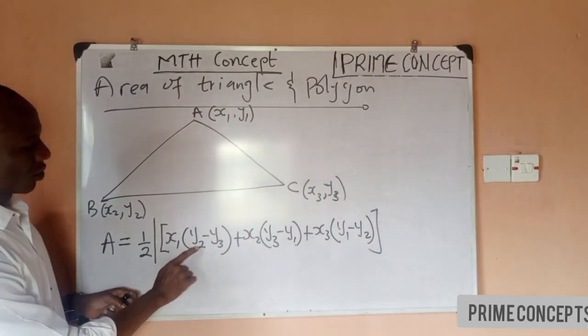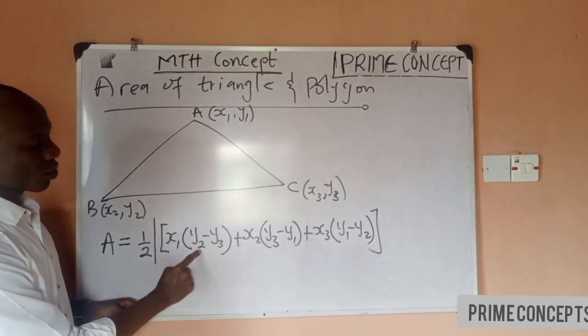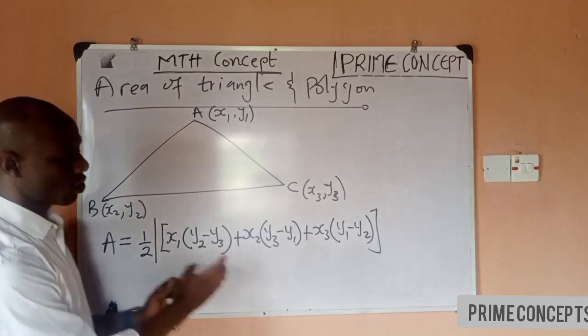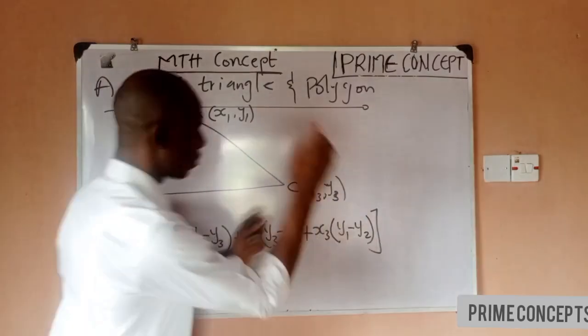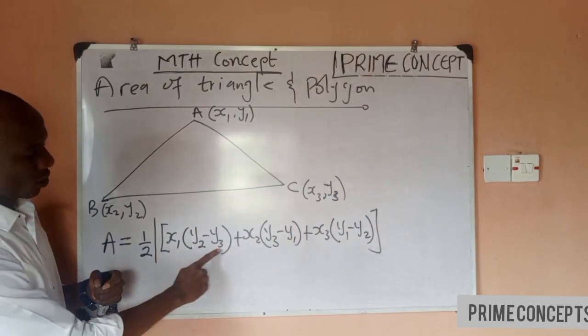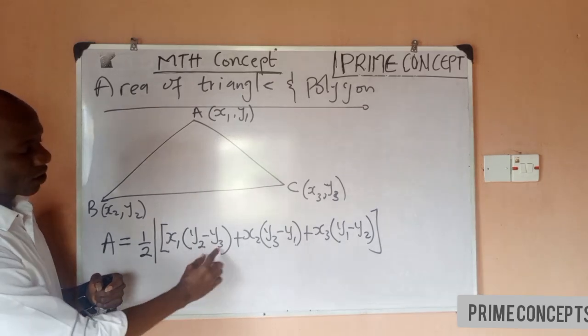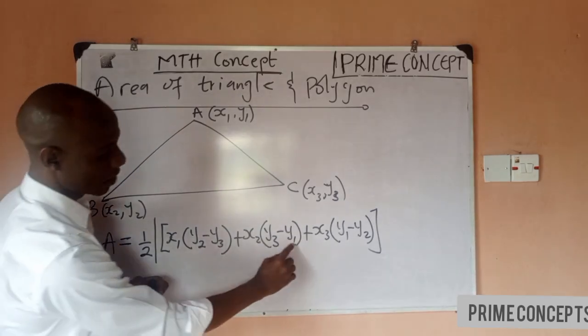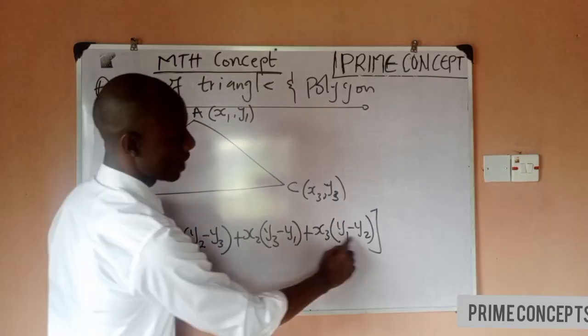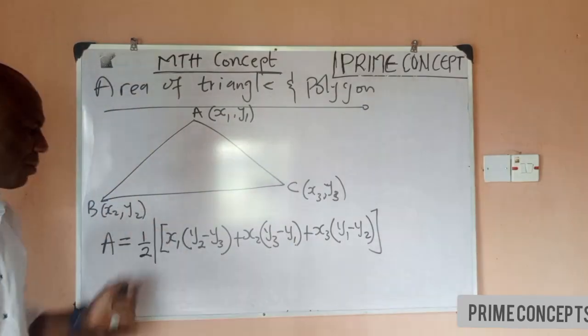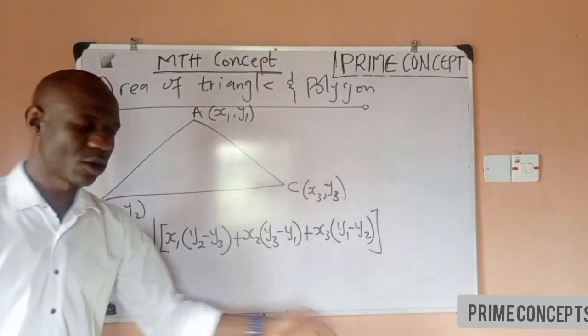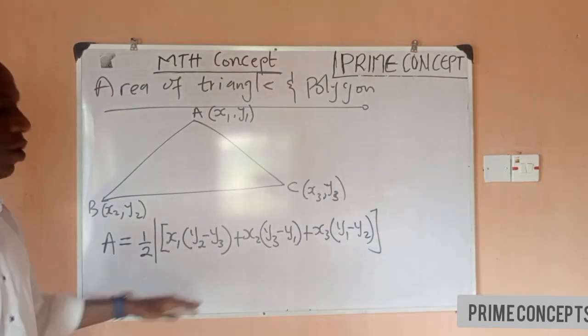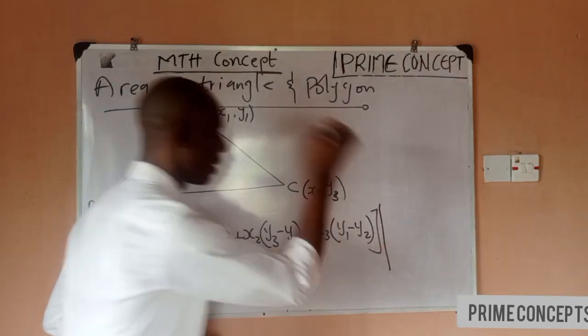Since you say y2 minus y3, it means y2 is smaller. So I'm going from small to big to small. What do I mean? 2 minus 3 is going to be small. 3 minus 1 is going to be big. Then 1 minus 2 is going to be small. So I should remember that it should be small, big, small. If you use that, you can memorize this formula, right?